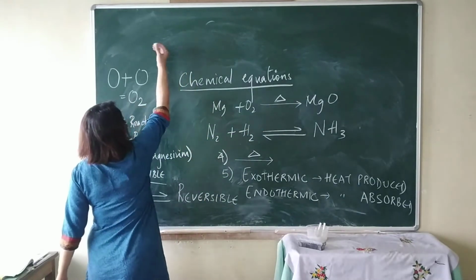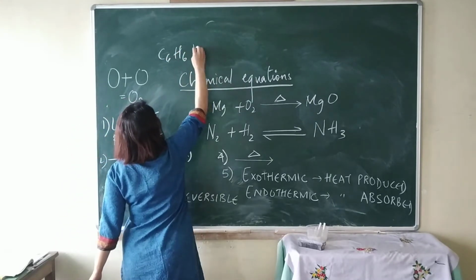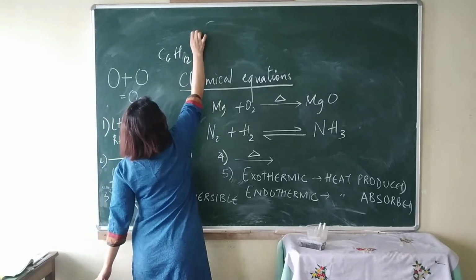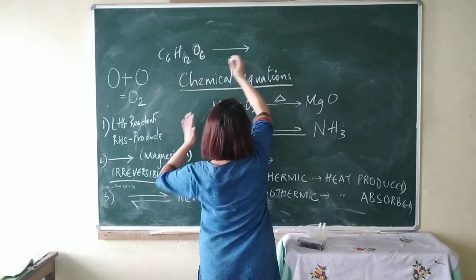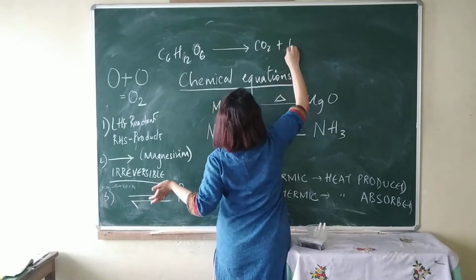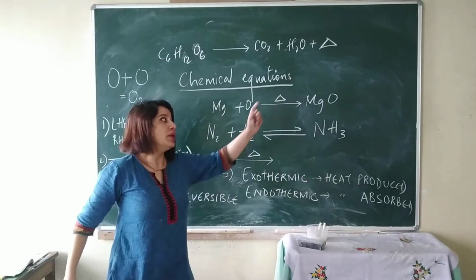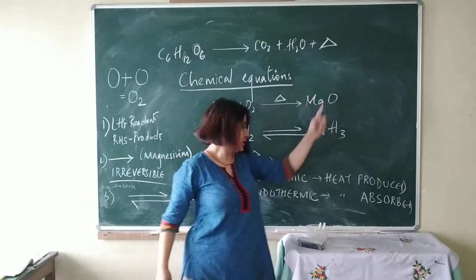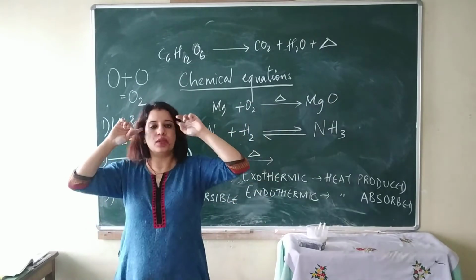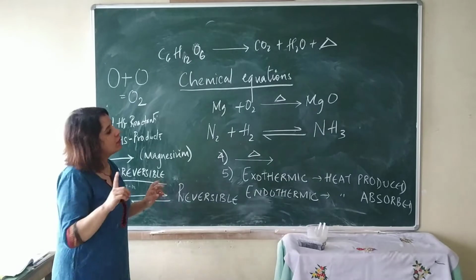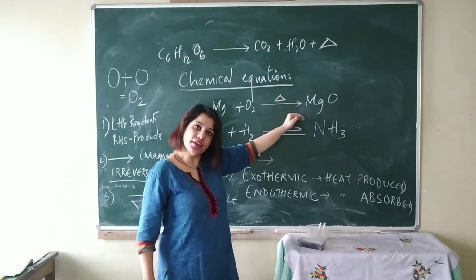Suppose I give you an example of C6H12O6 gives out CO2 plus H2O. Here, heat is being produced, exothermic reaction. So, if heat is utilized, or it is an endothermic reaction, the heat sign, that is delta, is written above the arrow.